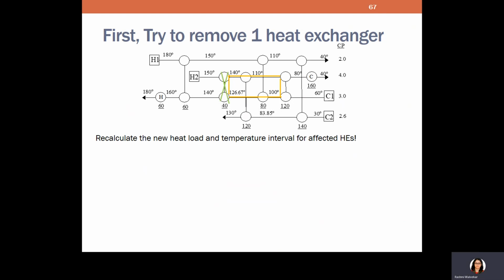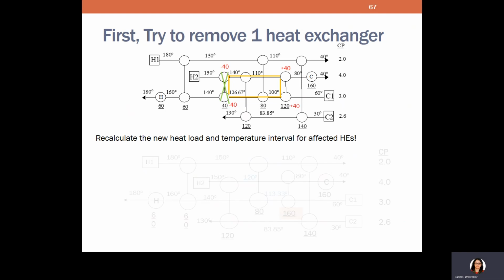Once we remove the 40 kilowatt heat exchanger, we have to distribute the heat within the loop. This 40 has already been removed, so now we have to add this extra load on the other heat exchangers within the loop. I'm going to add plus 40 to this and plus 40 to this, on both the hot and the cold stream.